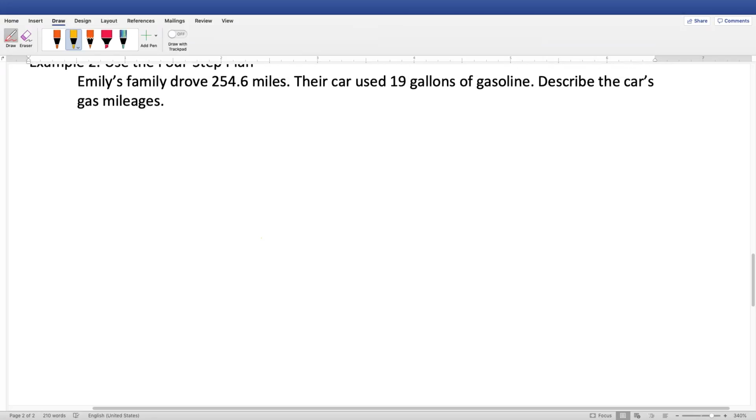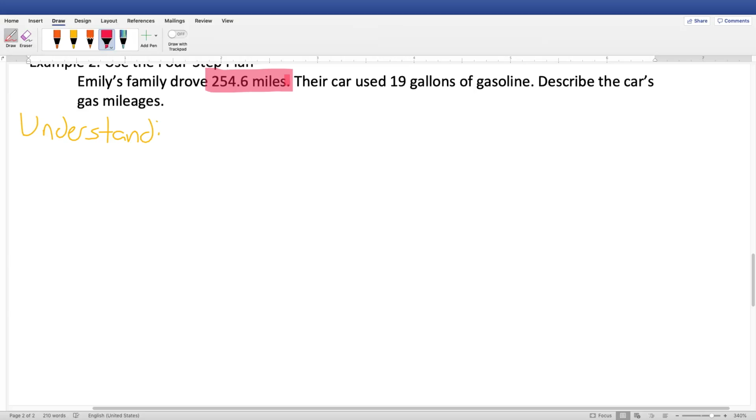As Emily's family drove 254.6 miles, their car used 19 gallons of gas. Describe the car's gas mileage. What's my first step? Understand. And when we understand, we need to identify what's given. Mileage tells me how many miles we drove.